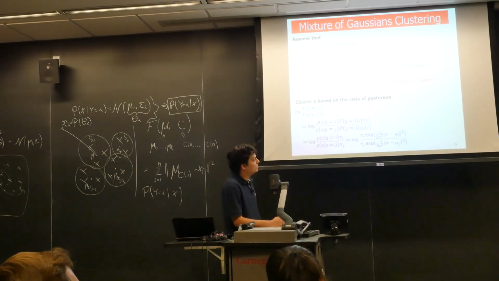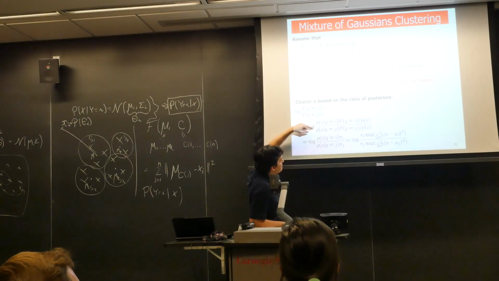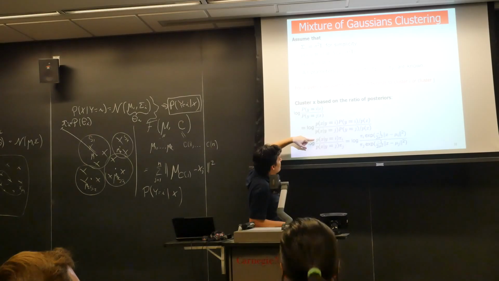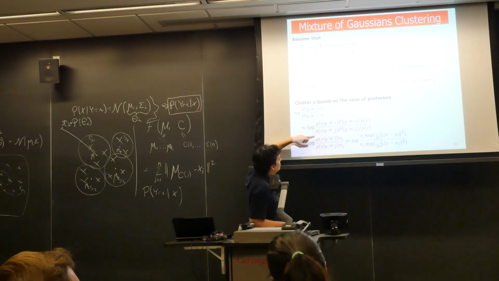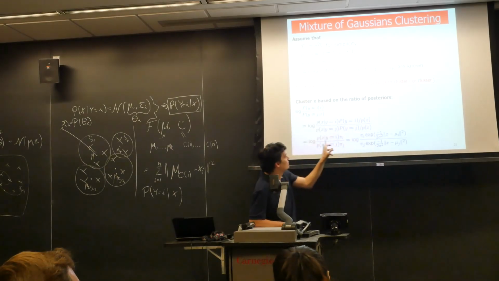But now I can continue this. Right, so I just divided with p(x) because of the Bayes rule, but they cancel out each other.